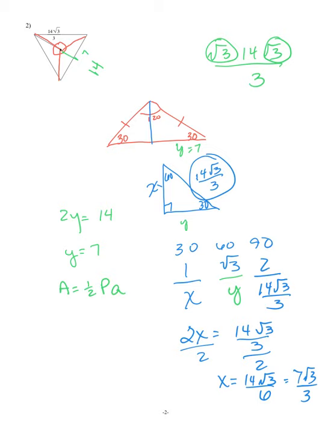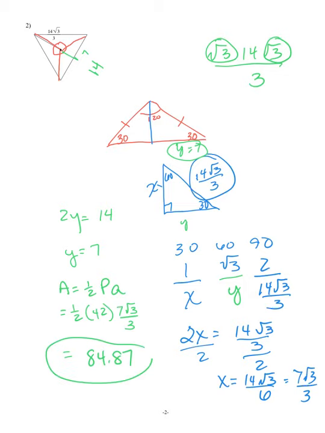We know the apothem is 7 root 3 over 3, so we have 1/2, and we know that the perimeter is 6 of these little guys, or 3 14s, which is 42, times 7 root 3 over 3, and we put that in our calculator. And we get that our answer is 84.87, which is correct.